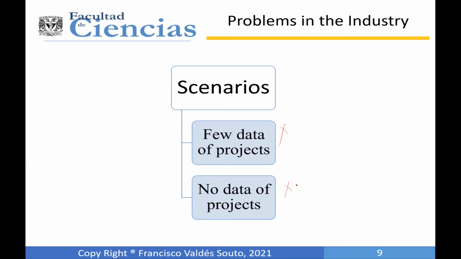The only information they have is about software engineering, like some use cases, class diagrams and so on. Very technical information, but not information that could be used to generate estimation models.